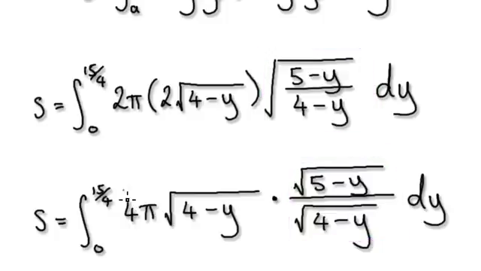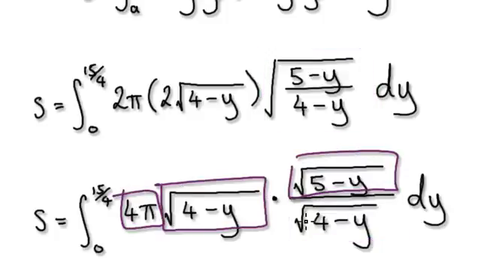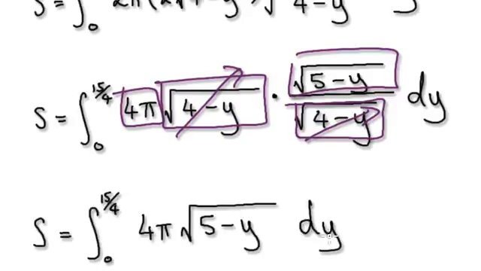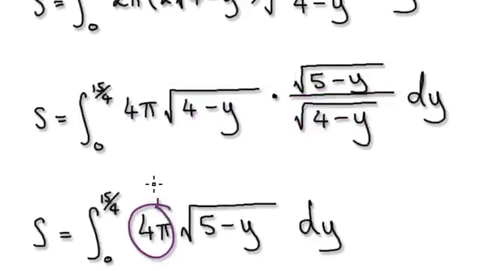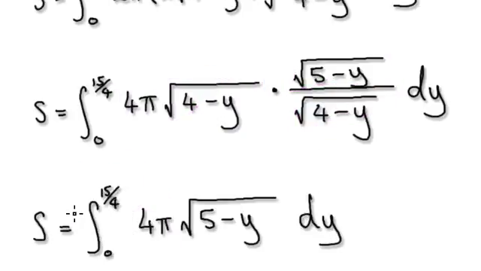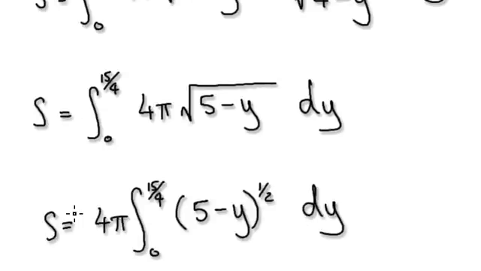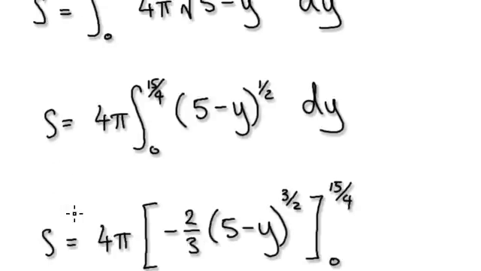What you've got here is one block multiplying another block. This is one block, this is one block. These two will cancel each other out. So that will give you this, and then this is a constant. Take it out, and that will give you this, and now it's just a matter of integrating.